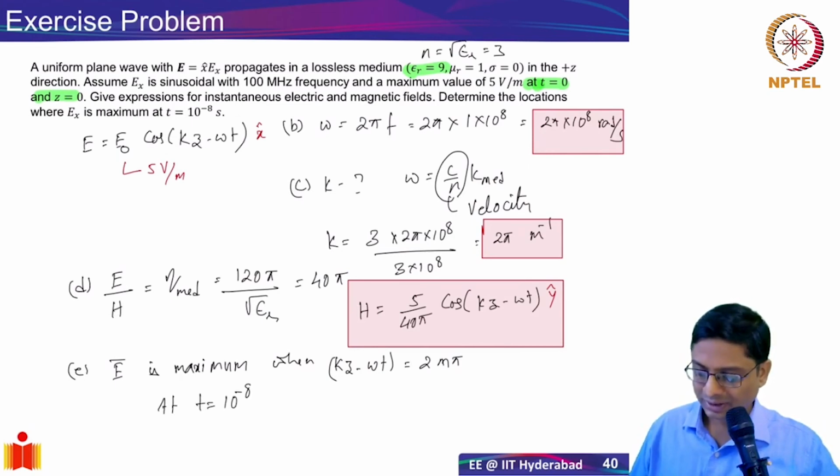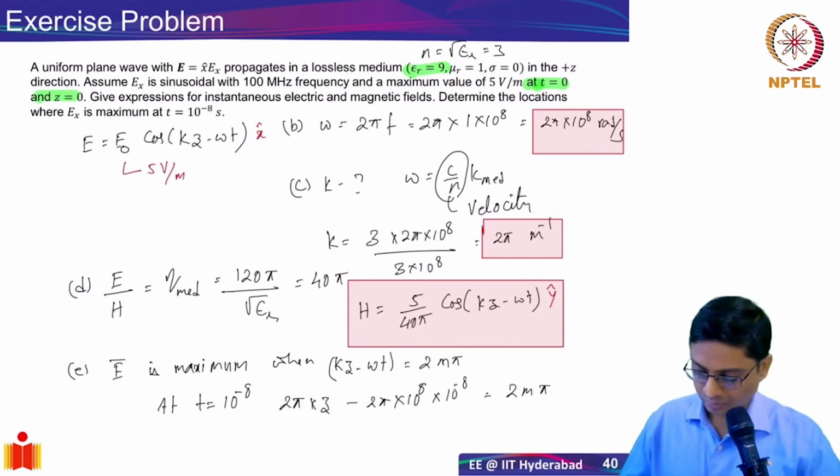Let's substitute the k and the omega. My k is simply 2 pi, so 2 pi into z minus omega, which is 2 pi into 10 power 8, into time, 10 power minus 8 given to us. That should equal 2m pi.